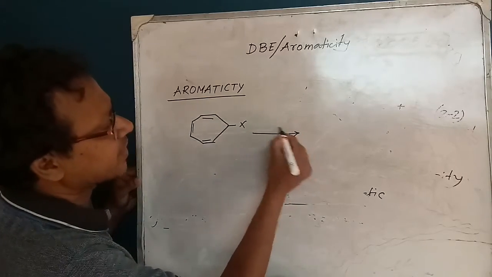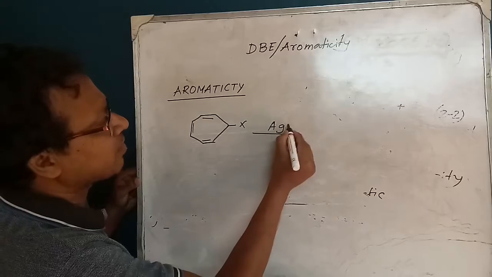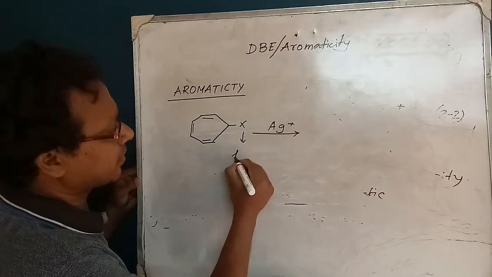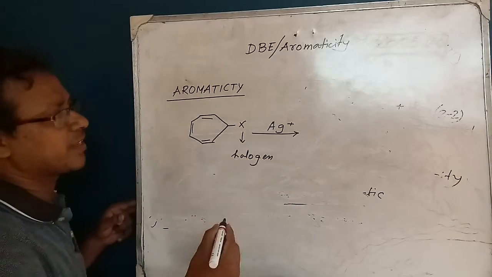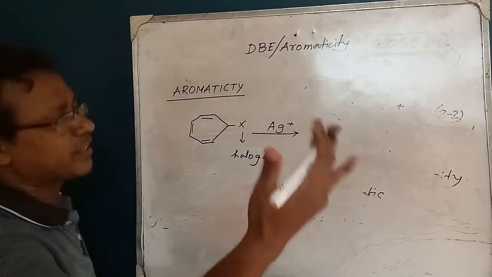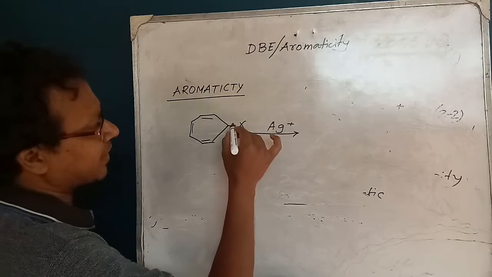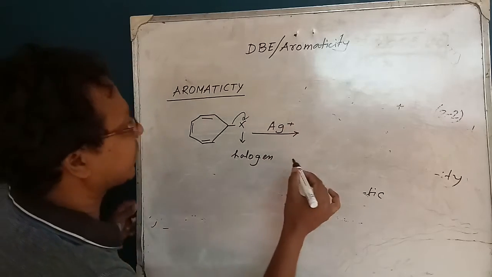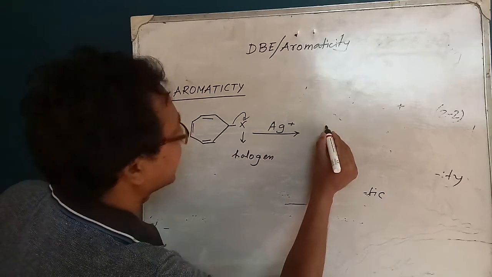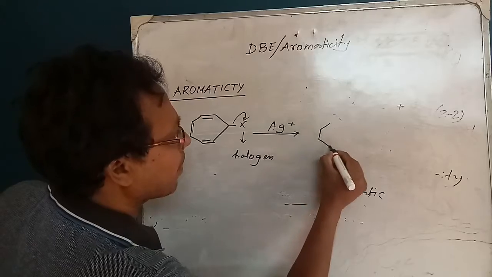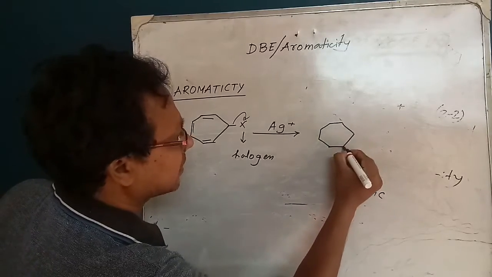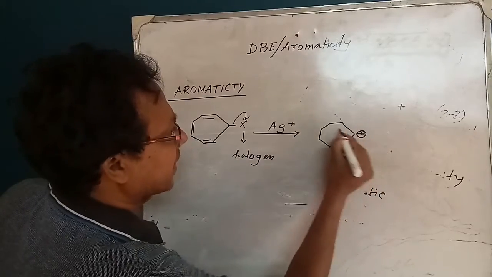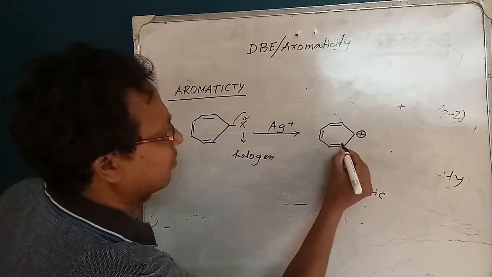If it is treated with, suppose, Ag plus, and X is halogen, it will readily react with Ag plus because AgX will be removed, and whenever it is removed then this type of structure will form.